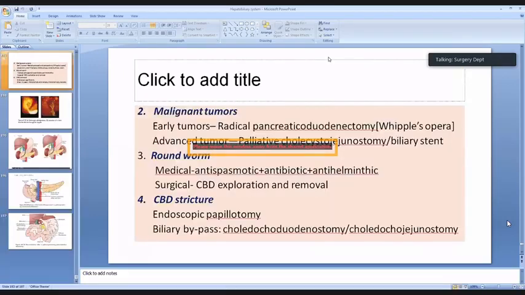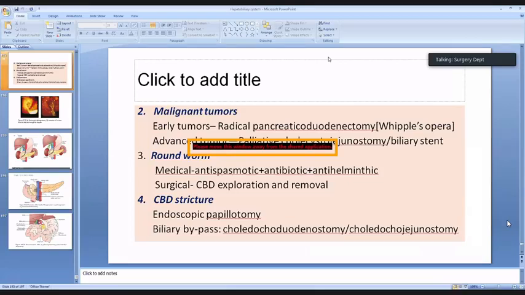Second, if it is malignant tumor হলে, if it is early stage, that is disease confined to the biliary tree or head of the pancreas, we can do radical pancreaticoduodenectomy with restoration of the anatomical continuity of the bile duct, pancreatic duct, and intestine.